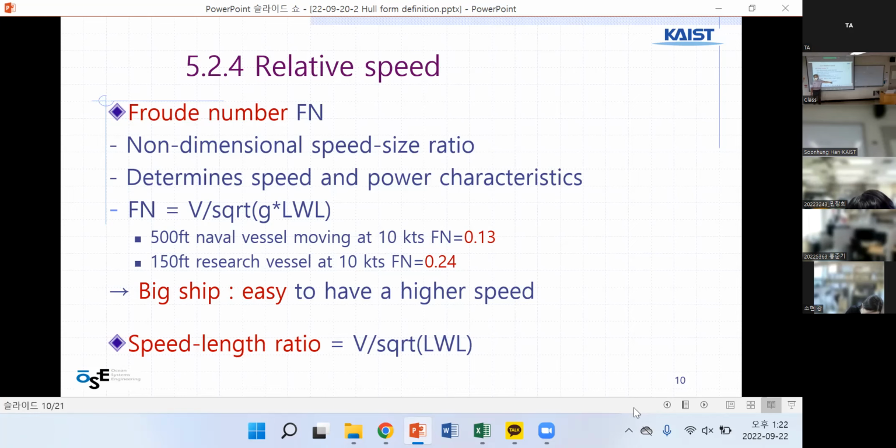It was used for a long time traditionally, before Froude. He found that this one has a dimension, but that is not good.